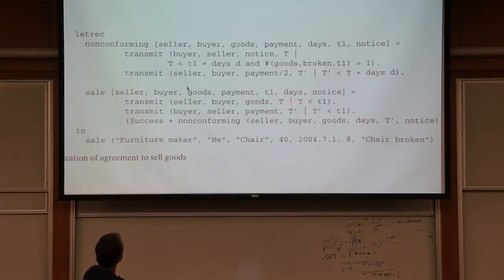So this basically expresses that the transmit event, this is the time it happens, actually has to happen before T1. T1 is given here to be a correct match for this transmit.